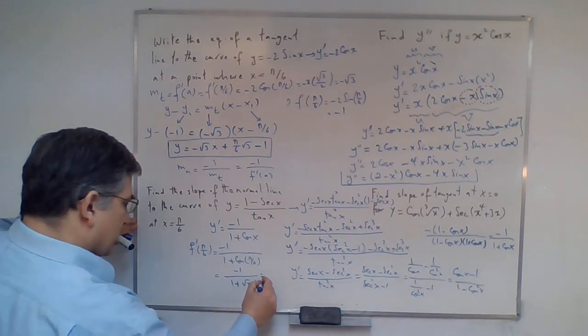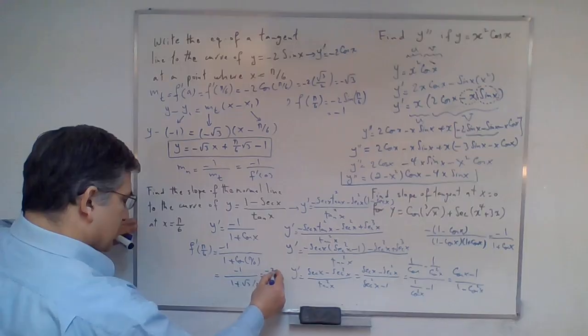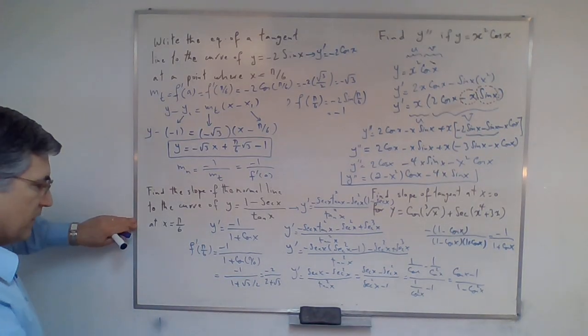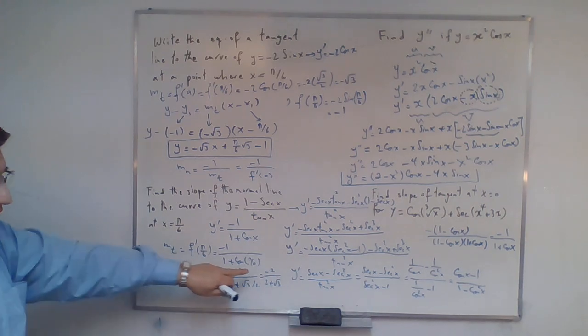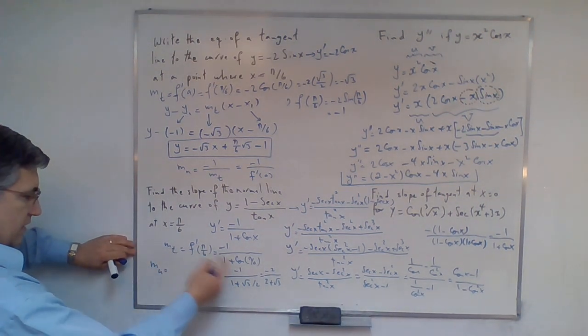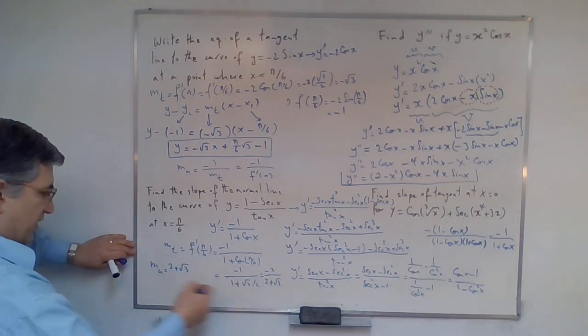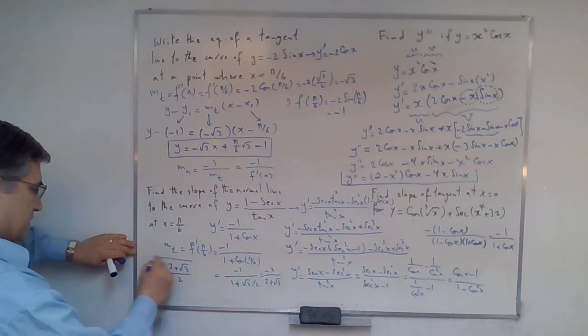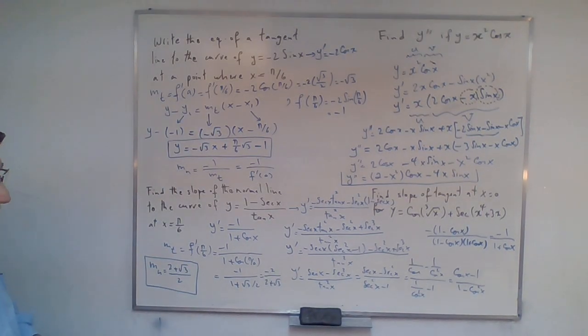If I do the common denominator, 2 plus root 3 and negative 2 at the top, this is the slope of tangent line. And all I have to do is to find the negative reciprocal, which would be m sub n. Flip this up, 2 plus root 3 divided by positive 2. So that is the final answer, which is the slope of the normal line.